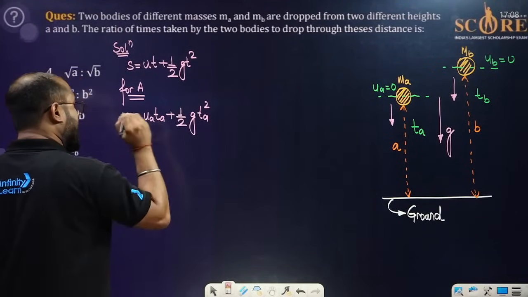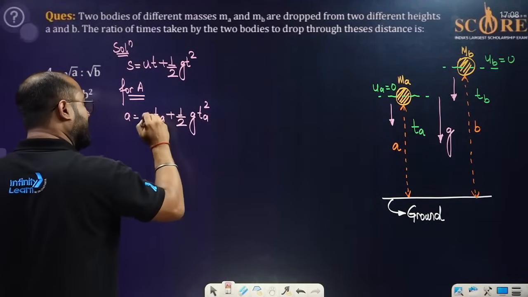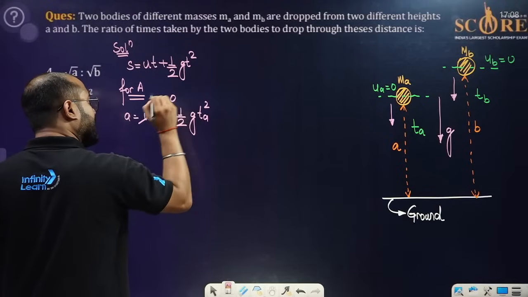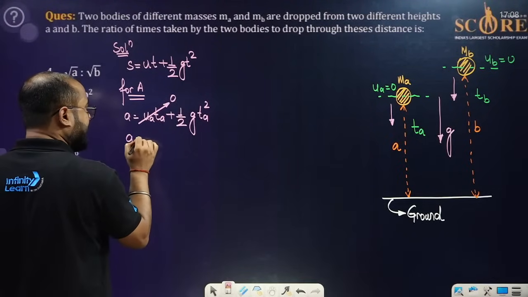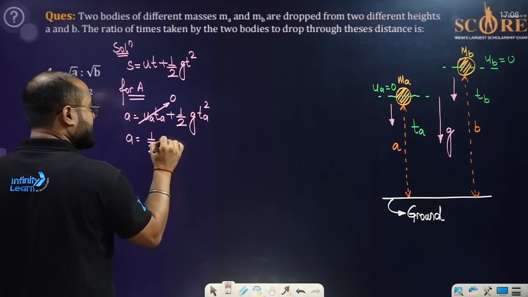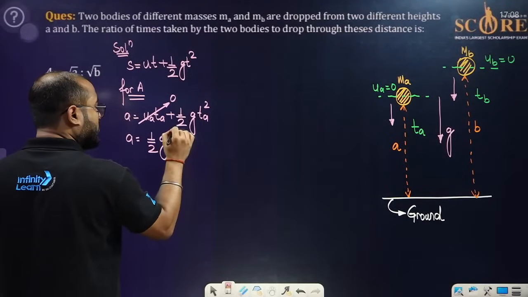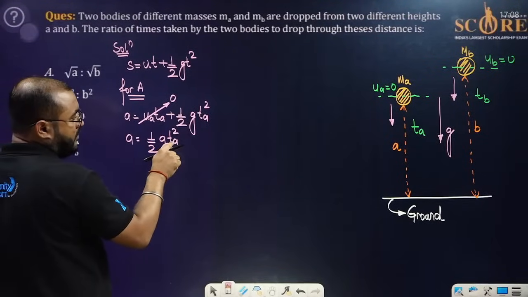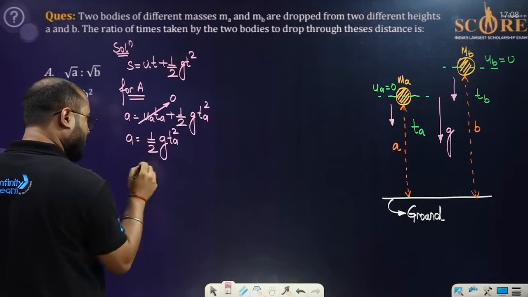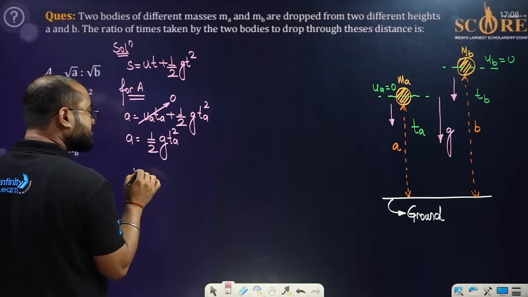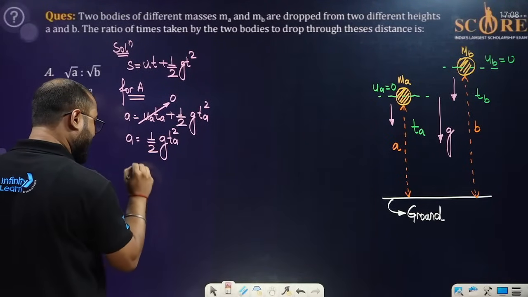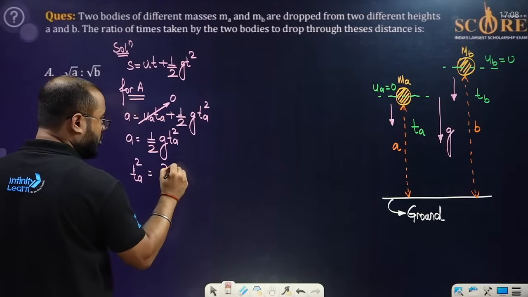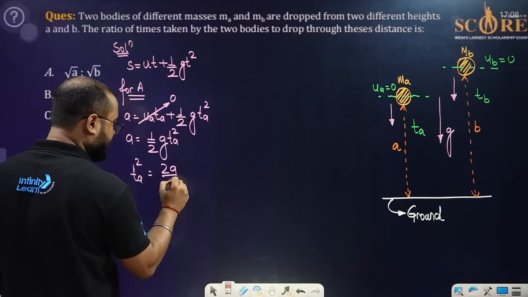As you can understand, the initial velocity of body A, UA, is equal to 0. So A equals half G T square. Now we are interested in the value of TA, so we can write that TA square equals 2A by G.